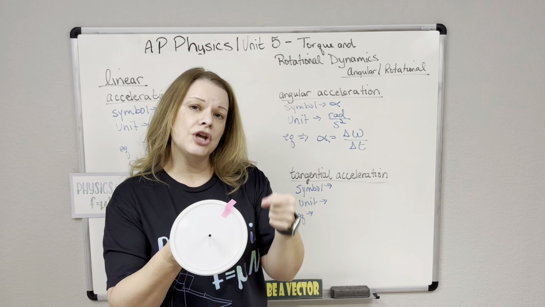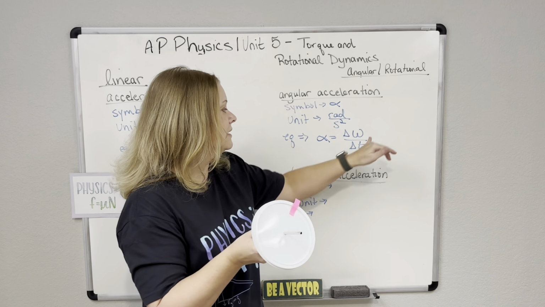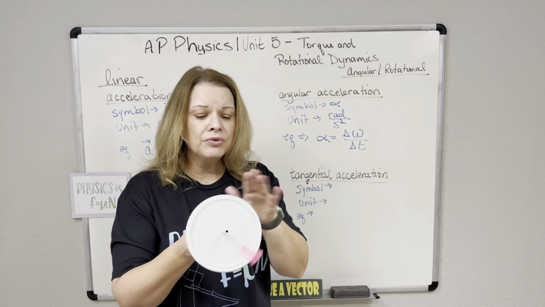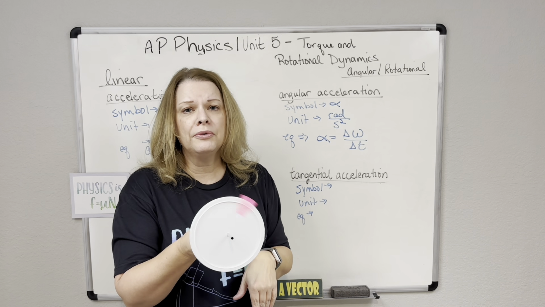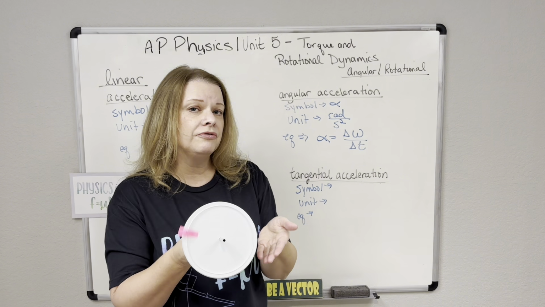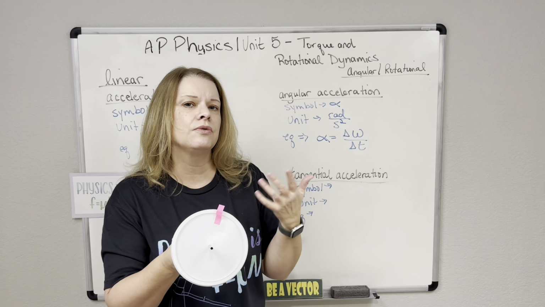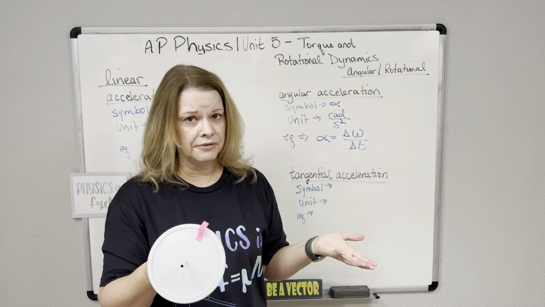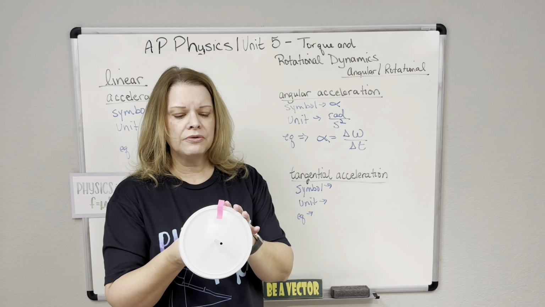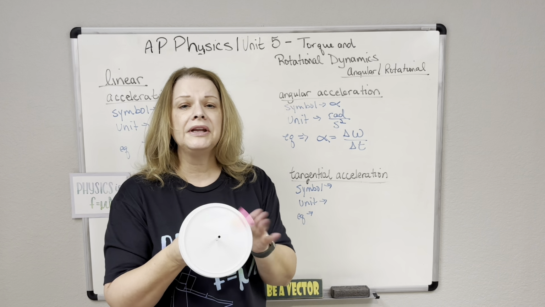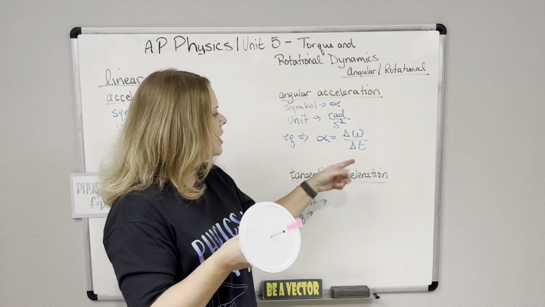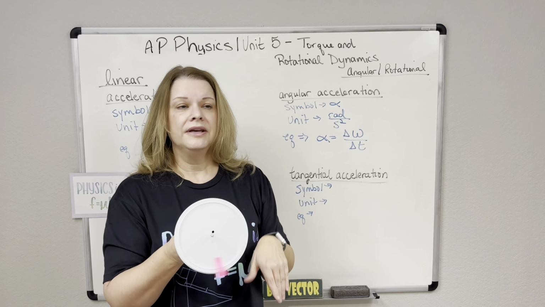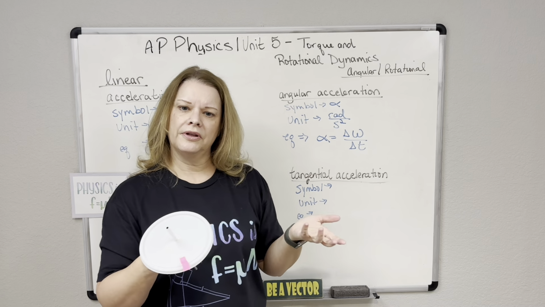I now have a change in how fast I was spinning because that's what angular velocity really is. How fast are you spinning? I was spinning really, really fast and then I started slowing down. Change in my angular velocity, change in how fast I was spinning over time. So now I have angular acceleration. Same thing if I was going really slow and I start speeding up. Again, I have a change in my angular velocity, a slow spin to a fast spin. All right, so I have angular acceleration.